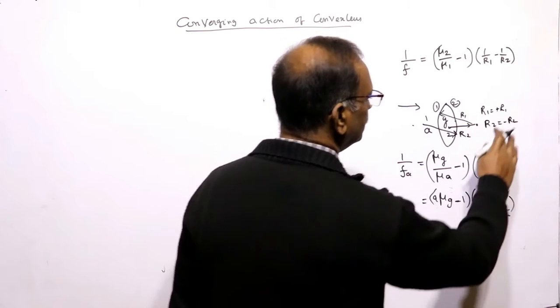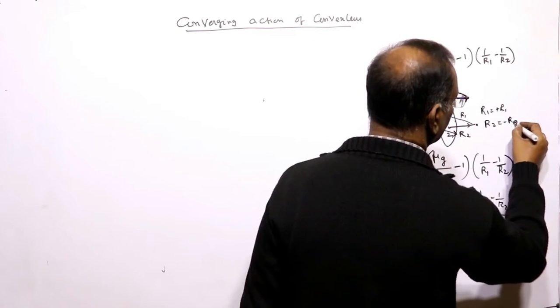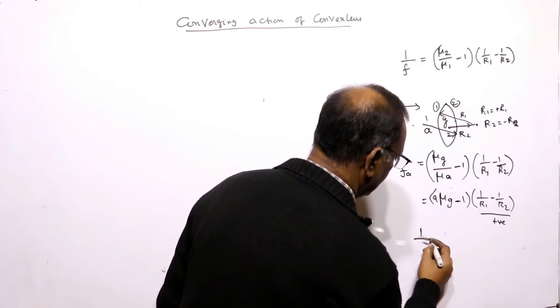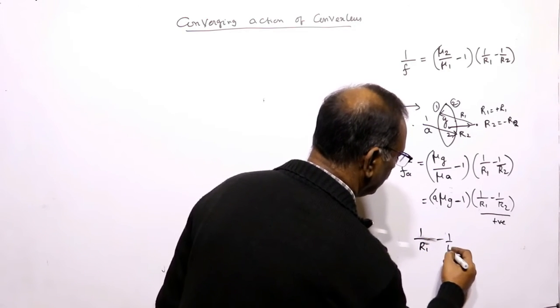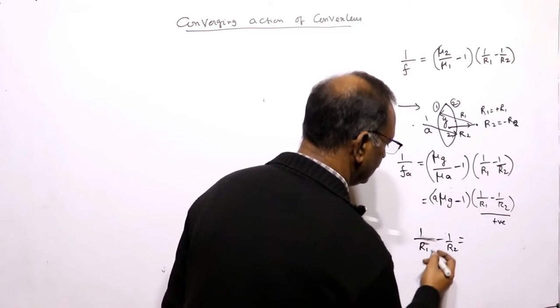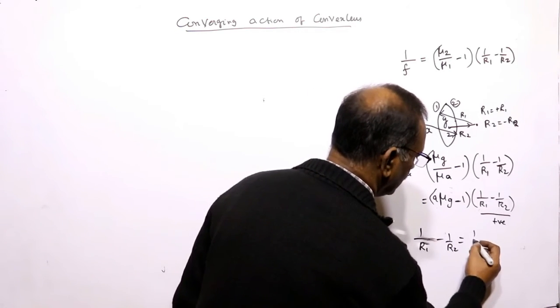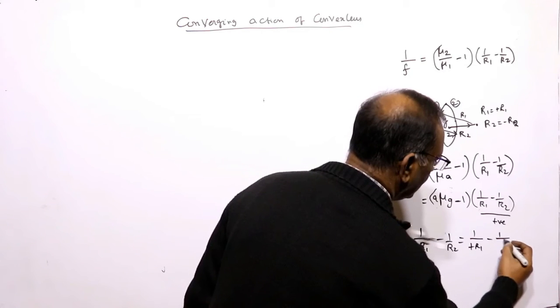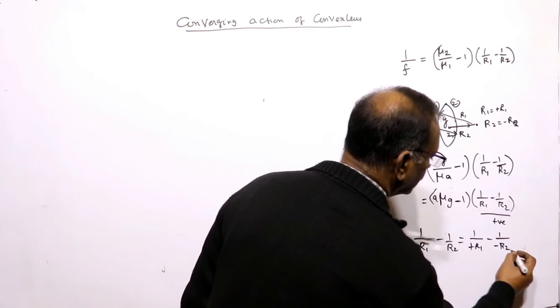When put in this equation, 1 by R1 minus 1 by R2 is equal to, with sign convention, 1 by plus R1 minus 1 by minus R2.